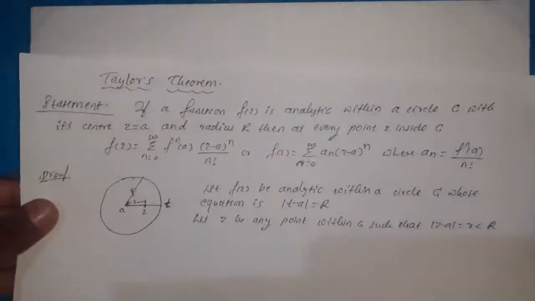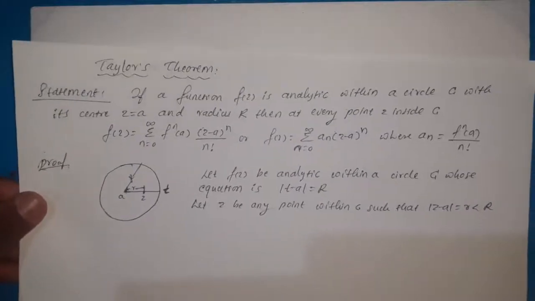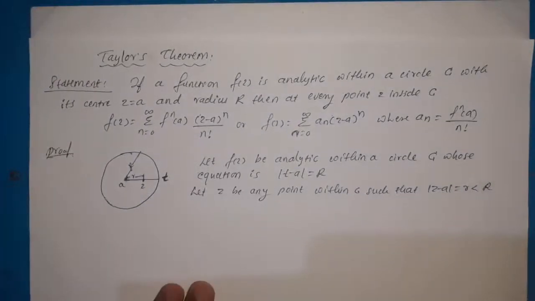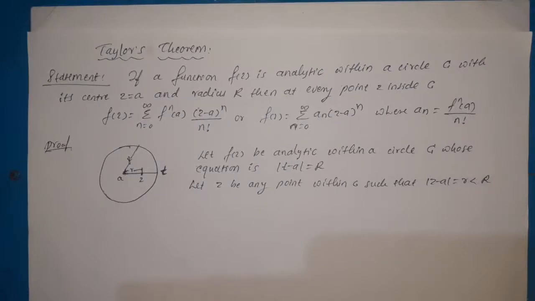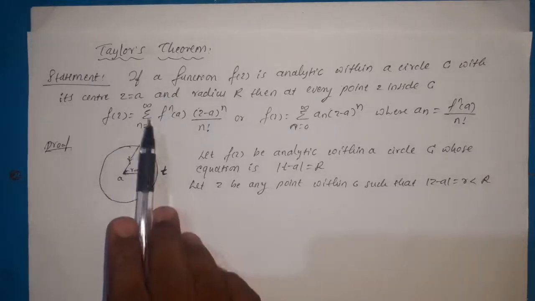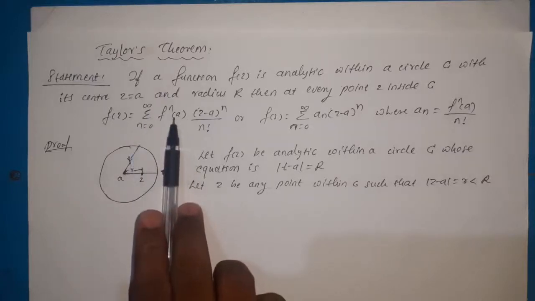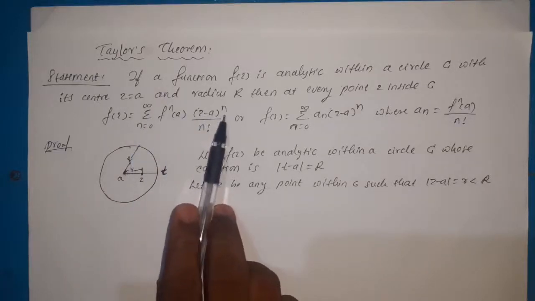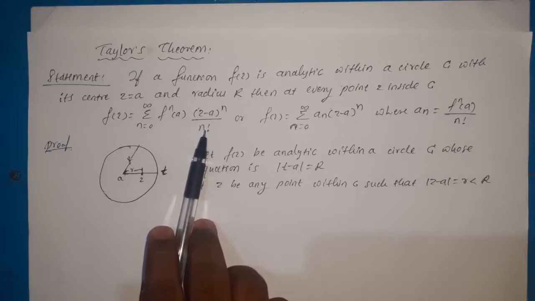Here is the statement of Taylor's theorem. If a function f of z is analytic within a circle C with its center z equal to a and radius capital R, then at every point z inside C, f of z is given by summation over n equal to 0 to infinity of f power n of a, z minus a whole power n, divided by n factorial.